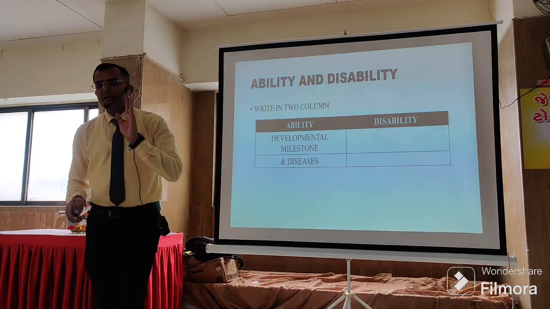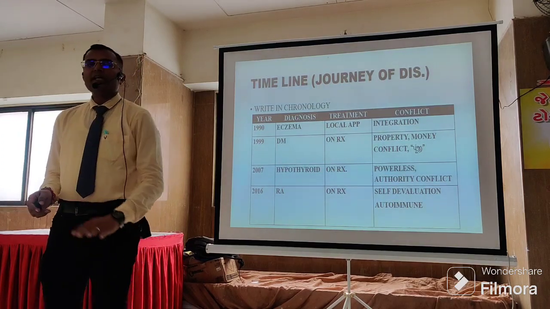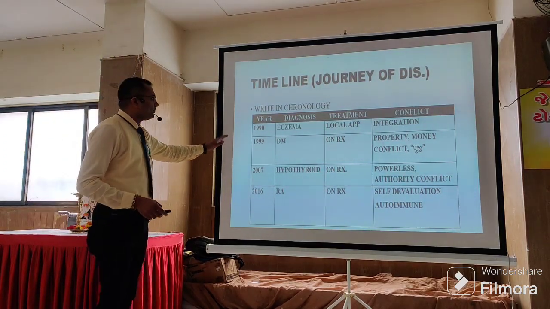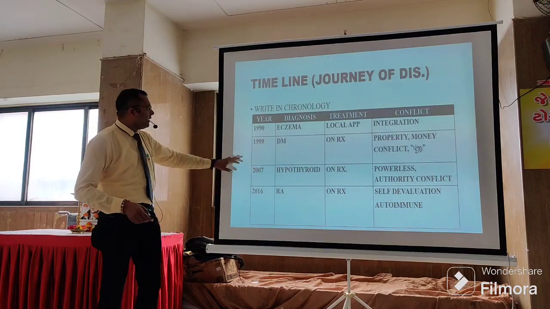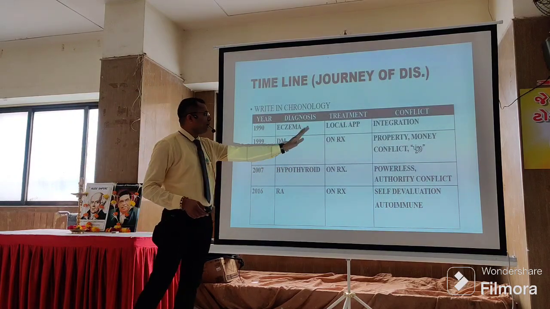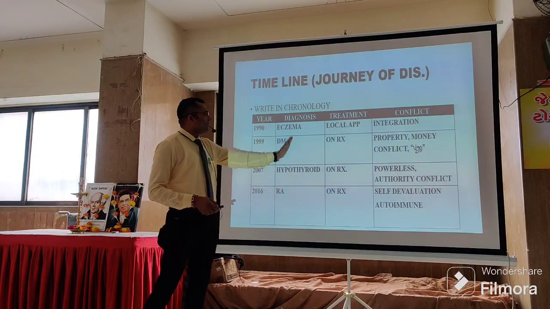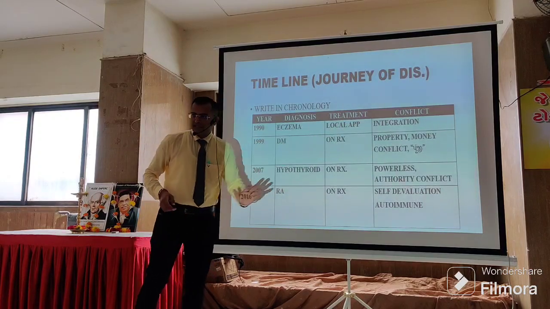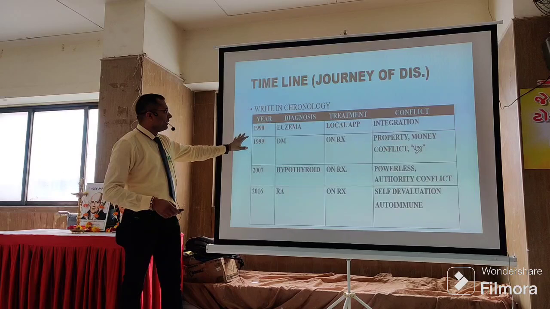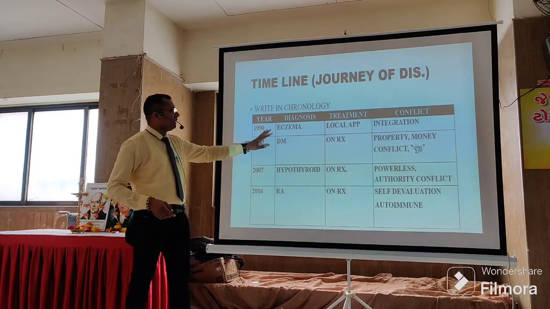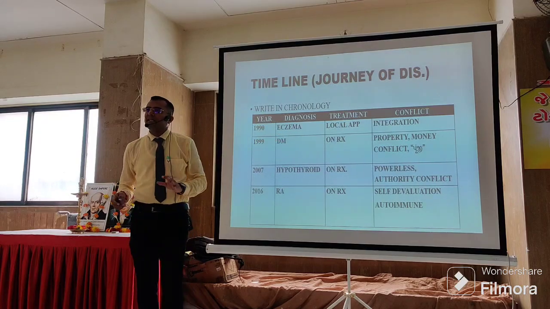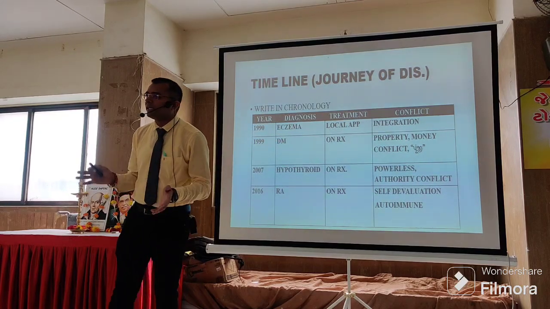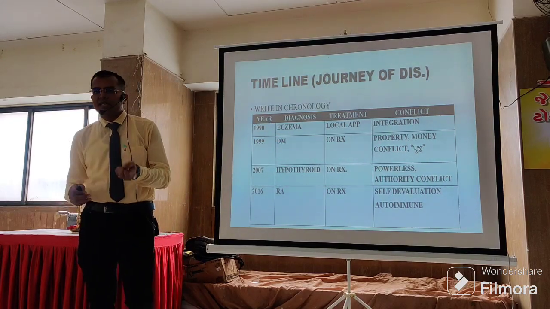Clear? The third point, the fourth point is the timeline and journey of the disease. This was just a brief idea that I will guide you. You write in the fourth column: diagnosis, treatment and conflict. Okay, so if we find there is eczema in 1990, that means treatment by local application. This eczema represents there is some problem at the level of integration, communication or relationship.